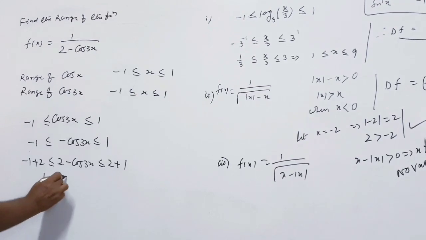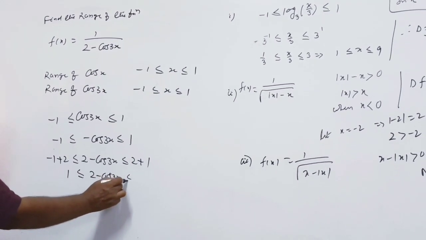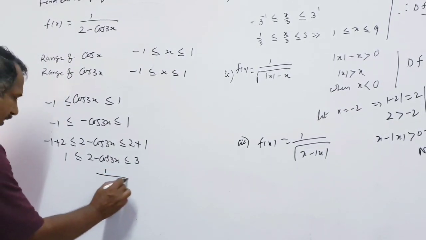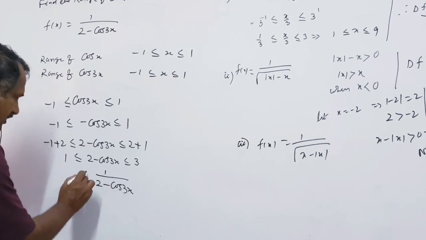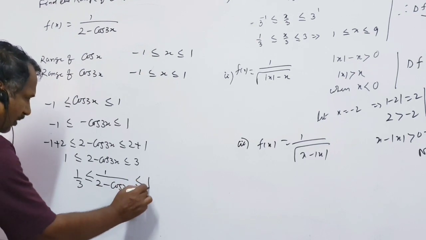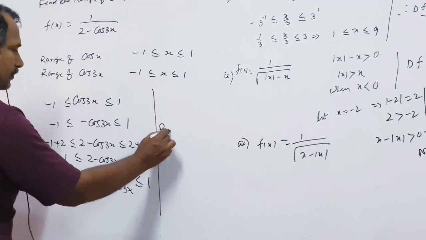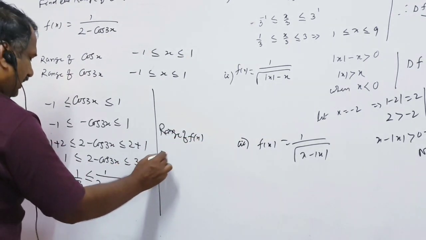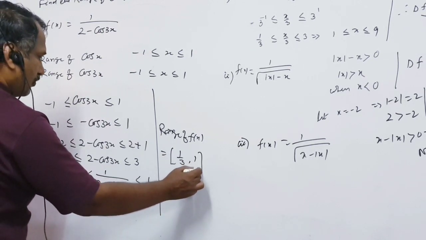So 1 is less than or equal to 2 minus cos 3x, which is less than or equal to 3. If you take the reciprocal, 1 by 3 is less than or equal to 1 by 2 minus cos 3x, which is less than or equal to 1. Therefore the range of f of x is 1 by 3 to 1.